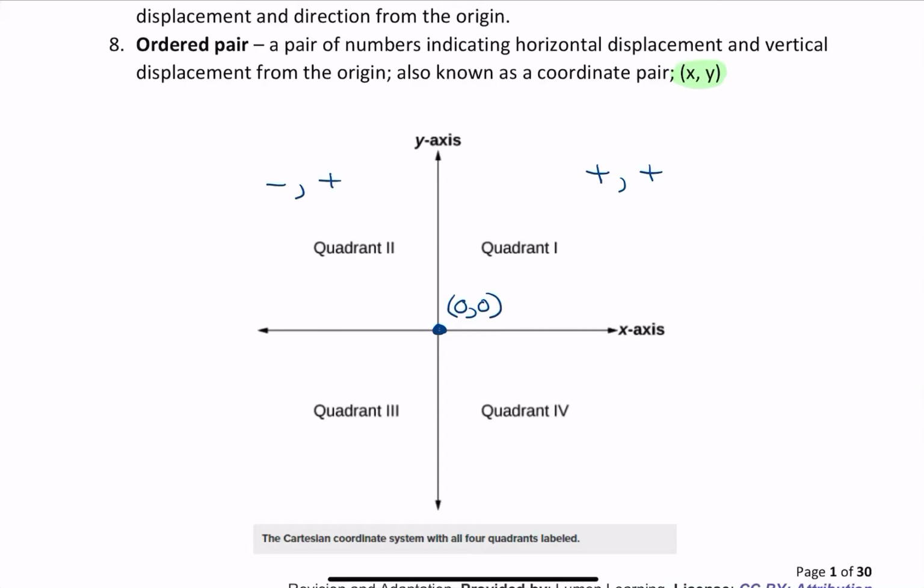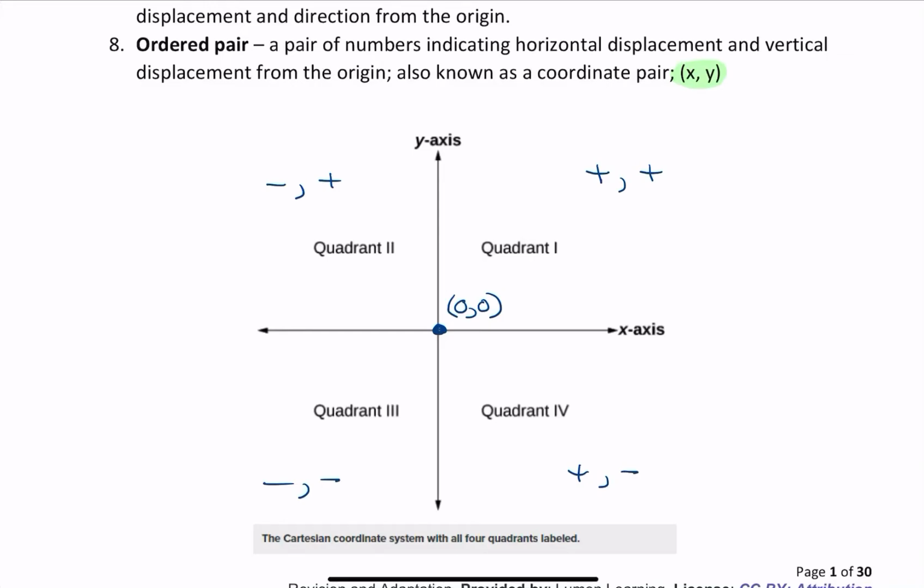So any ordered pair in the second quadrant would be negative, positive. The third quadrant, you'd go left and down, which would make the x and the y both negative. And then in quadrant 4, you'd move right for your x coordinate, but down for your y coordinate. So that would make it positive, negative.